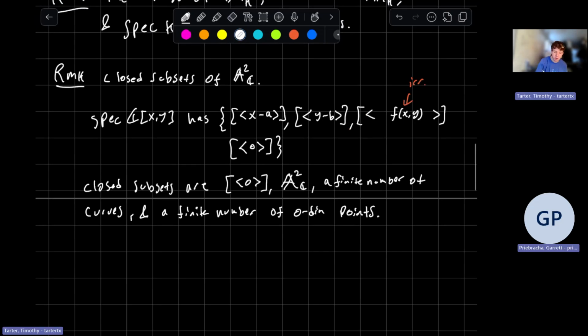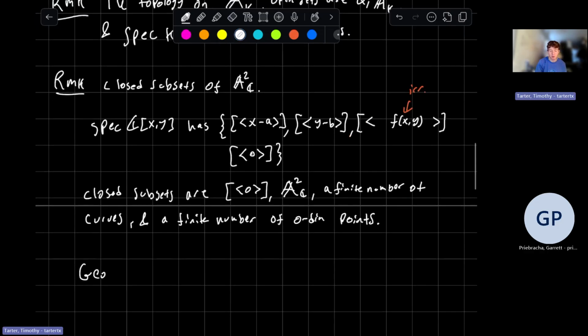Of what type of points? Zero-dimensional, so like x minus a.